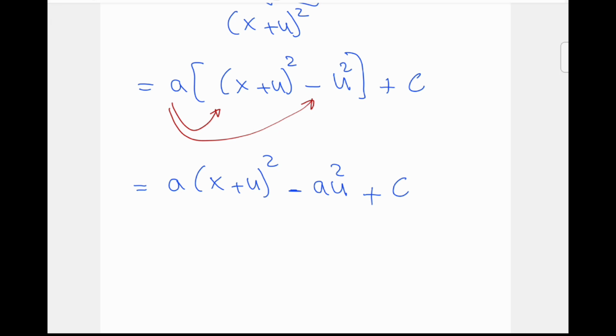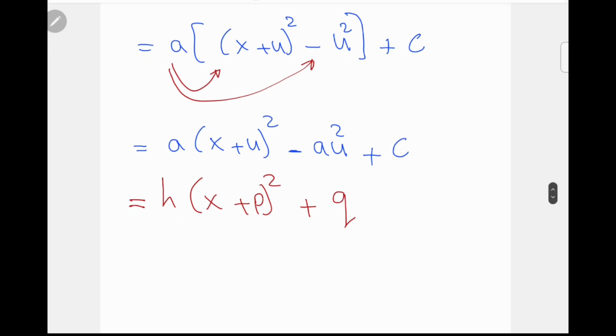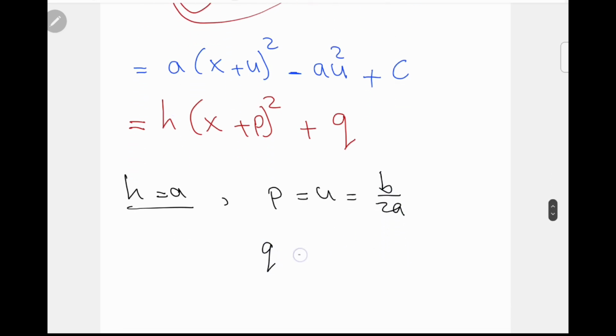That's the final expression. If we compare it to h times x plus p squared plus q, then h is equal to a, p is equal to u, which is b over 2a, and q is just c minus a times u squared, which is b over 2a squared.